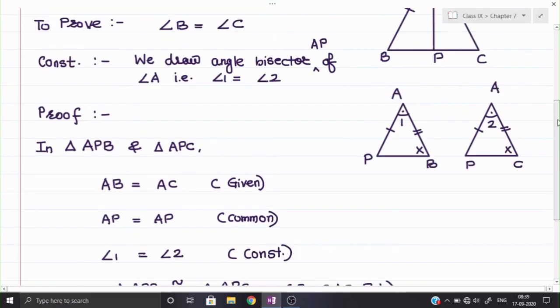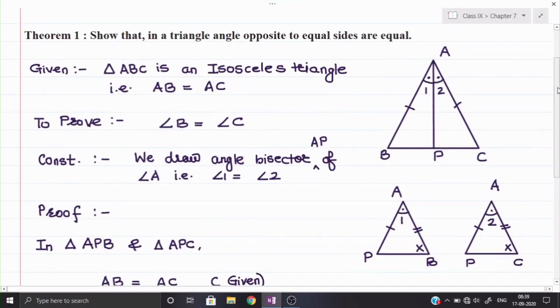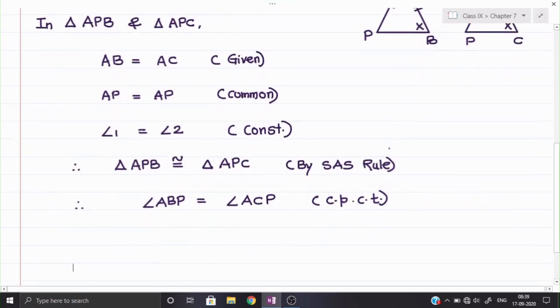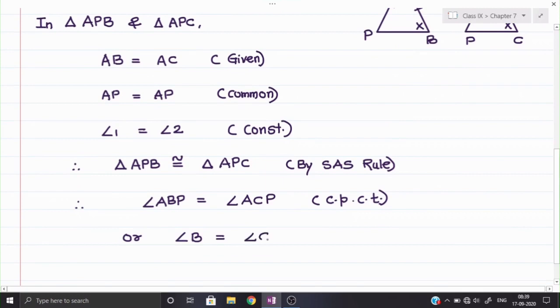Angle ABP means which angle? We have done in the previous question also. This is your angle ABP, which is actually angle B only. Similarly, angle C is angle ACP. So in short, this is angle B and this is angle C. Okay, and we can say yes, the theorem gets over.